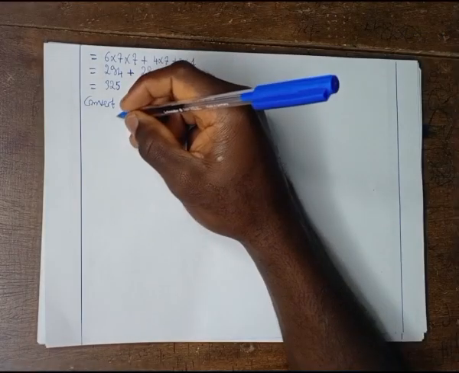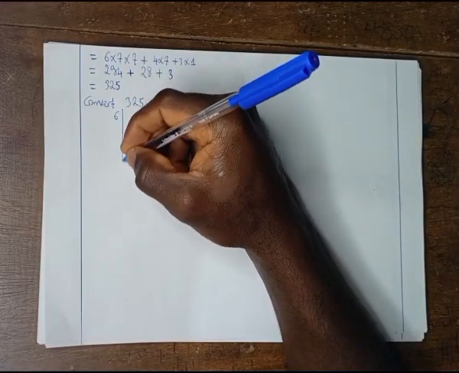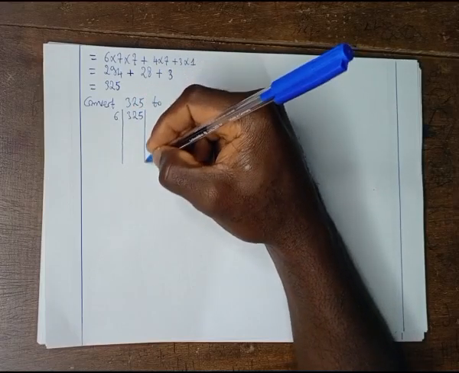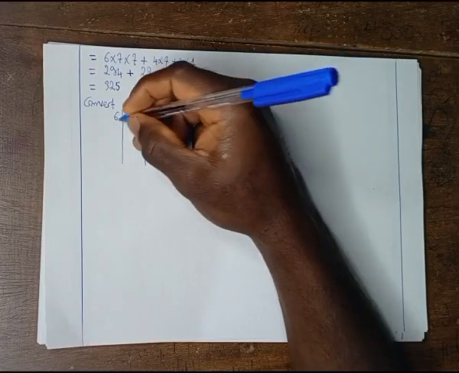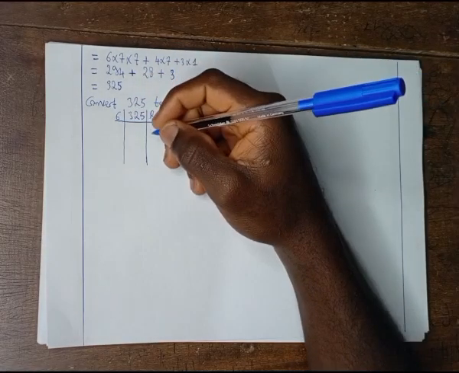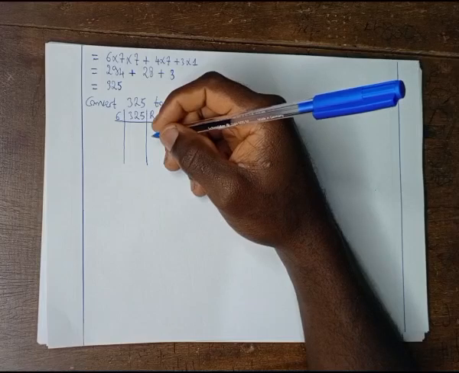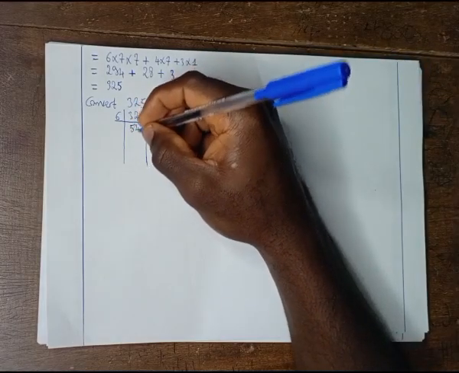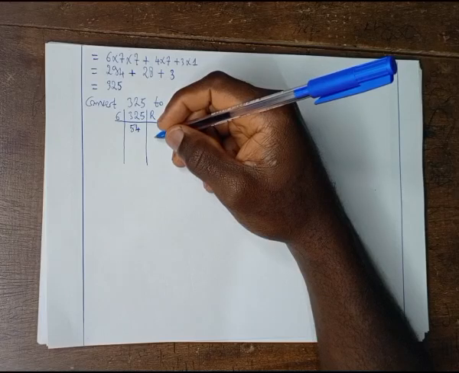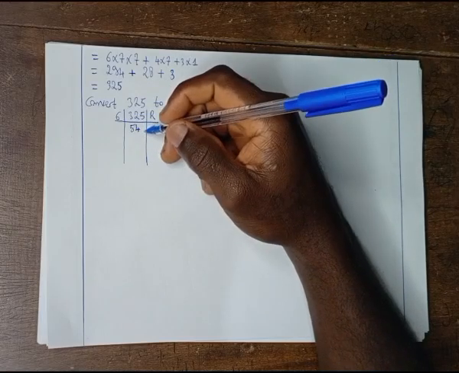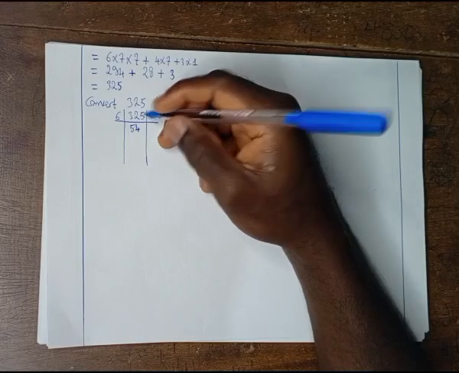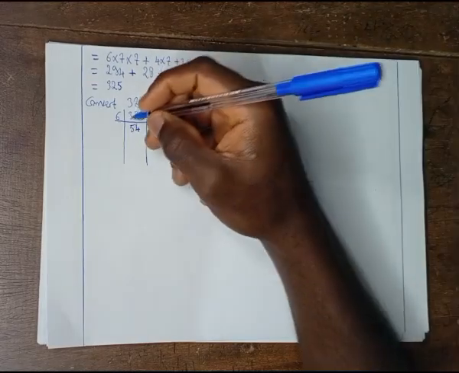We are going to make use of repeated division. So for the first column, we have the base, which is 6. The second one, we have the number 325. And for the last one, we have the remainders. We are going to divide 325 by 6. We divide 325 by 6 gives us 54, the whole number part. For us to get the remainder, we are going to take 54 times 6. 54 times 6 gives us 324. 325 minus 324 gives us 1.